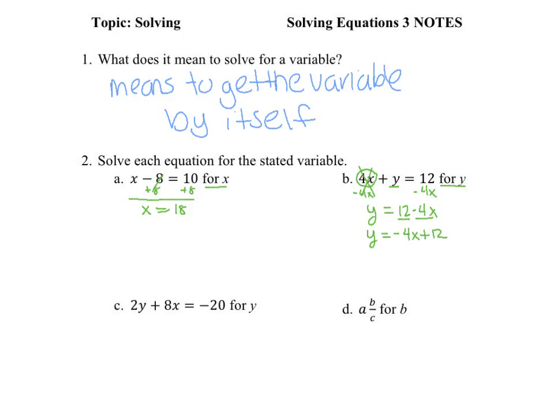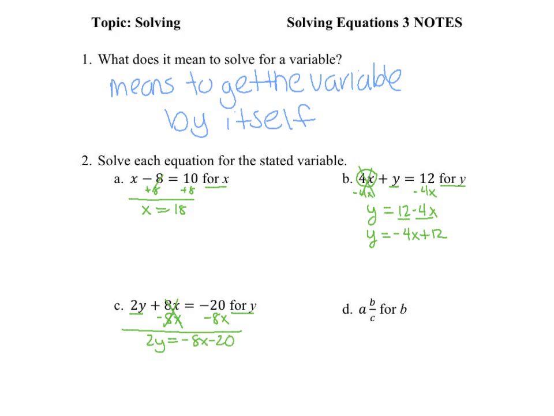Now for question C, I also need to solve for y. So my y term is right here, so I need to move the x to the other side. My x's cancel, so I'm left with 2y equals negative 8x minus 20.